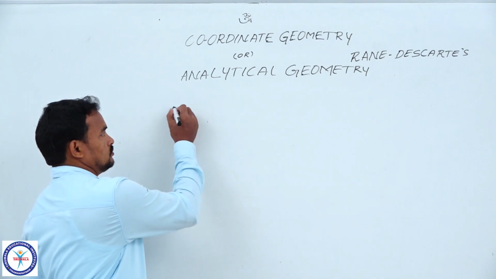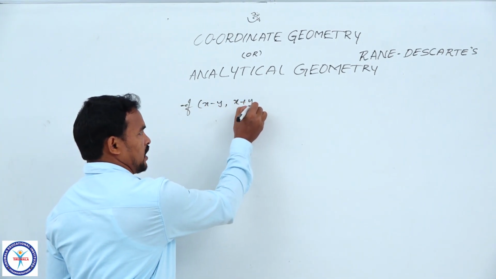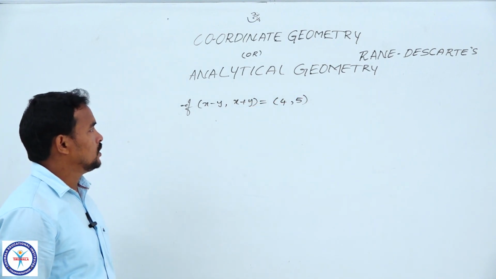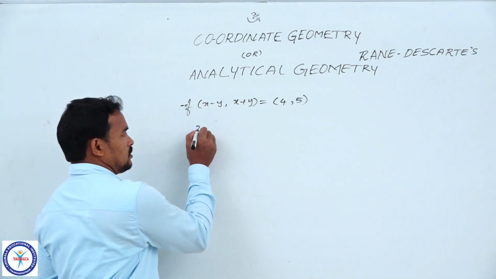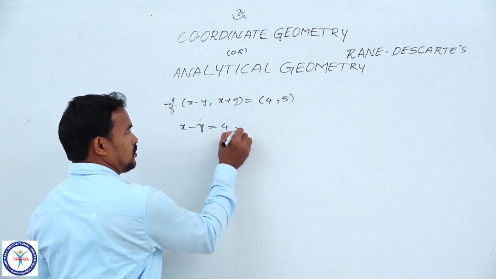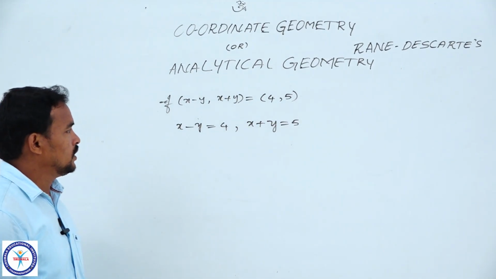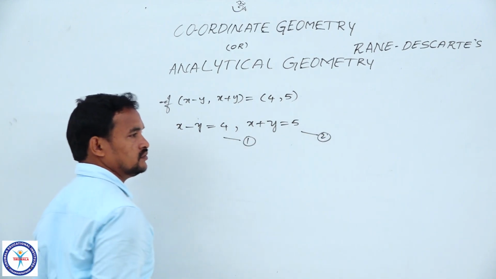One more example. If (x minus y, x plus y) equals (4, 5), find x and y values. Here x minus y equals 4, it is the first equation; x plus y equals 5, it is the second equation.